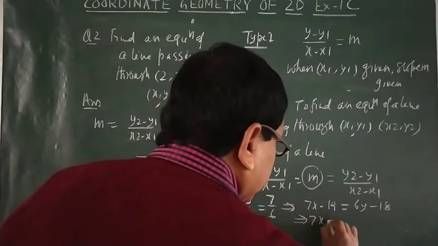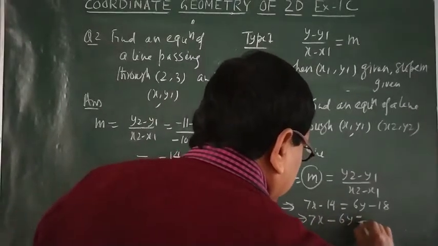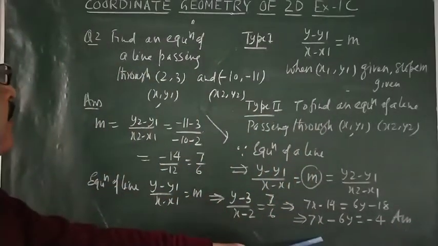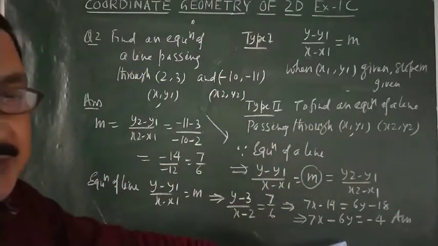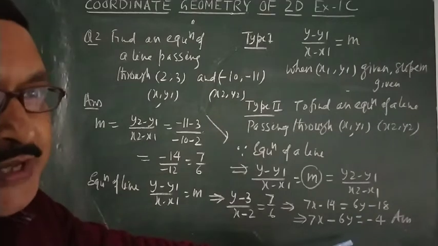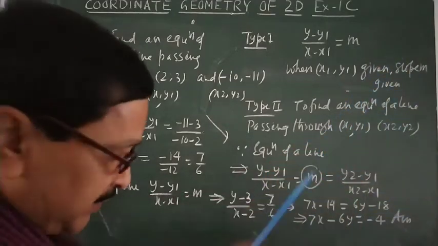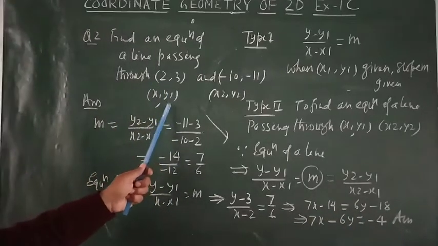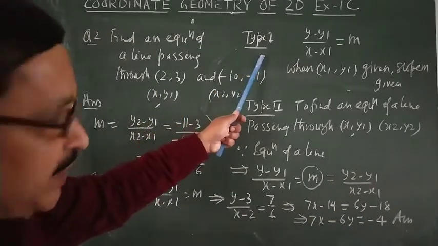So 7x minus 6y is equal to minus 4. This is the answer in the standard form. I discussed ax plus by plus c is equal to 0 or ax plus by is equal to minus c. This problem has been done according to the type 1 method.